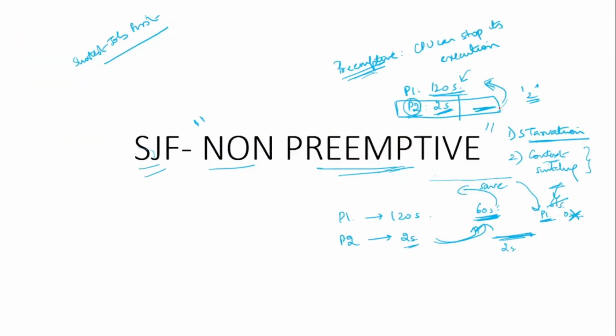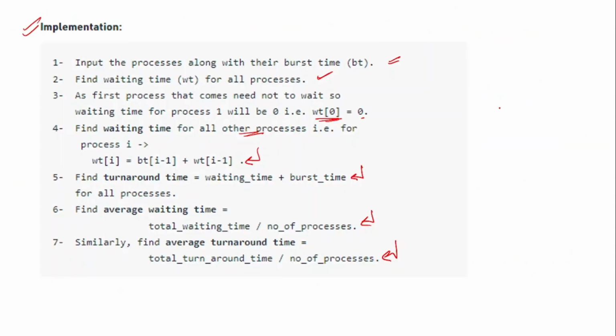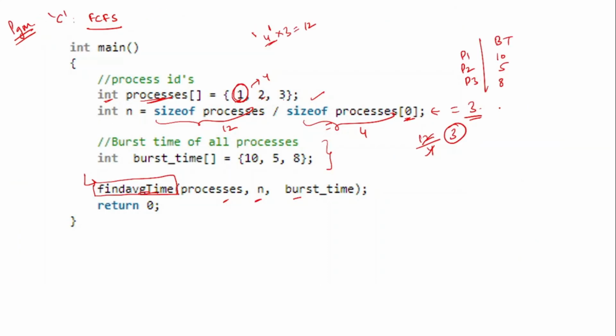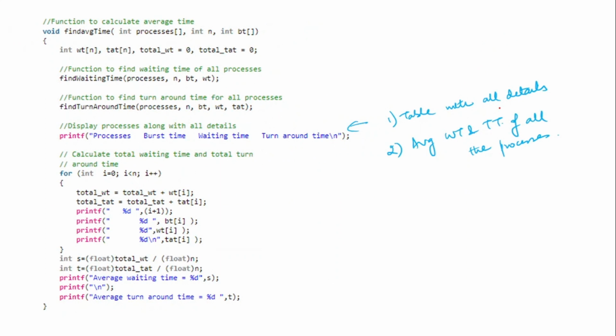And the first come first serve algorithm is always non-preemptive. There is no preemptive version of the first come first serve algorithm, and it is by far one of the easiest algorithms which can be implemented with programming languages.